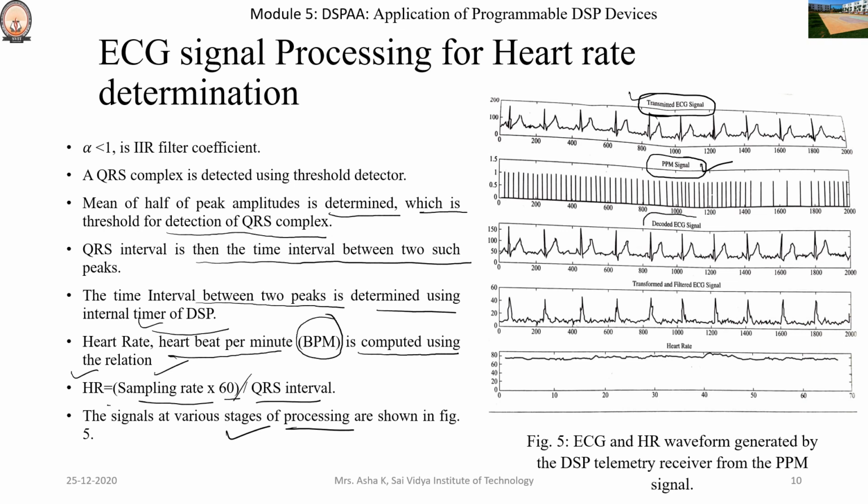Afterwards, the decoded ECG signal will have a pattern that is represented in this particular figure 3, and the transmitted and filtered ECG signal is obtained by using the DSP biotelemetry receiver. The heart rate obtained by using the DSP biotelemetry receiver is shown in this particular figure 5. That is the ECG and heart rate waveforms generated using the DSP telemetry receiver from the pulse position modulated signal.